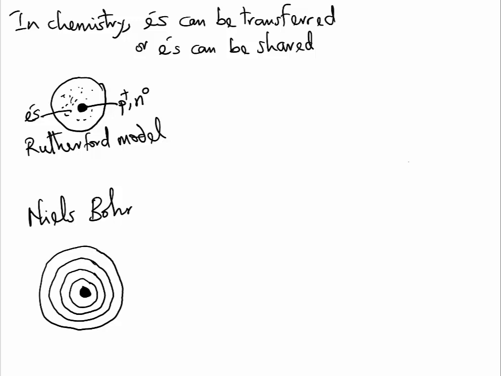The shell closest to the nucleus is labeled as the K shell, or at times it is called the n equals 1 shell, where n means energy level.